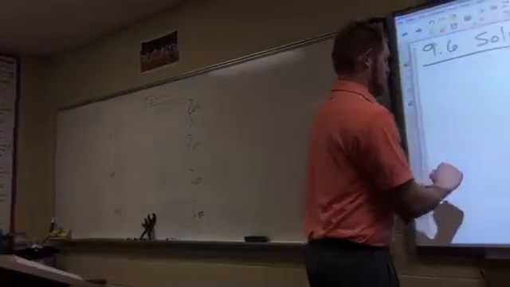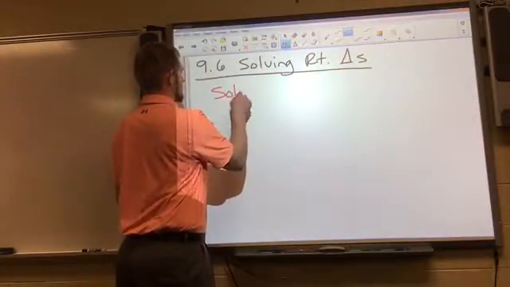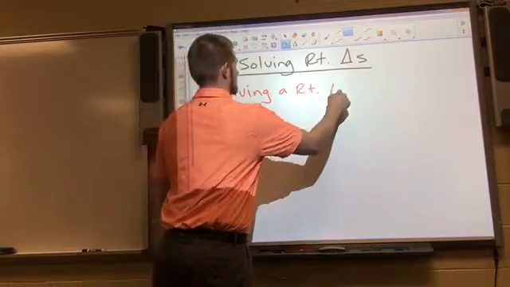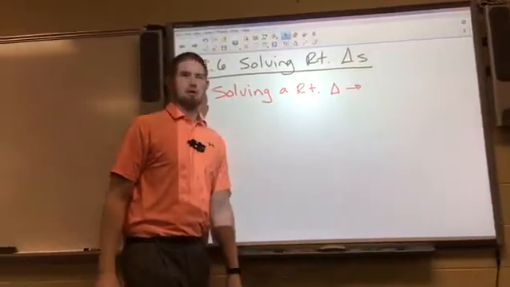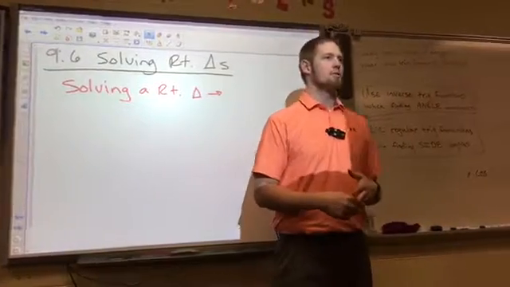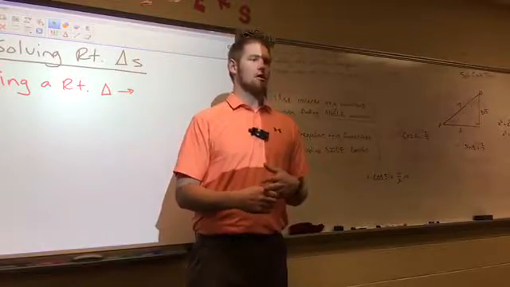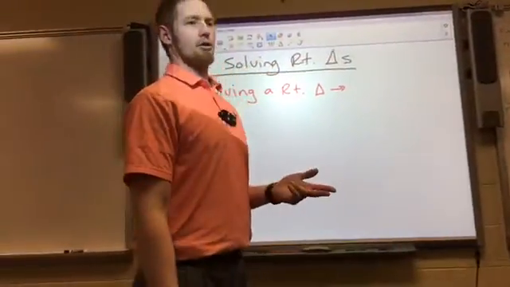Now, with that, the first thing we need to talk about is just solving a right triangle. What does that mean? If you were here yesterday, raise your hand and tell me what solving a right triangle means. Travis? Okay, so you're finding all sides and all angles of a triangle, right?